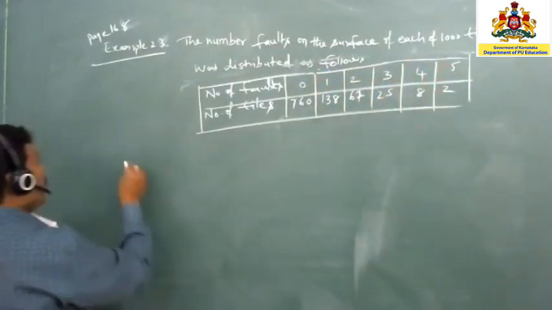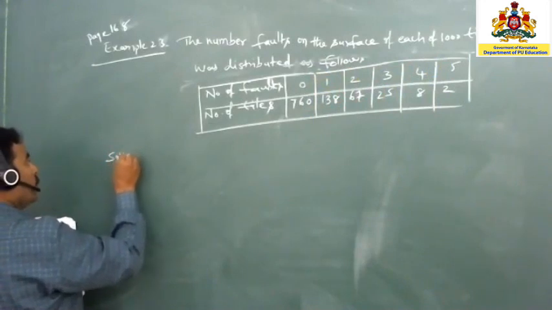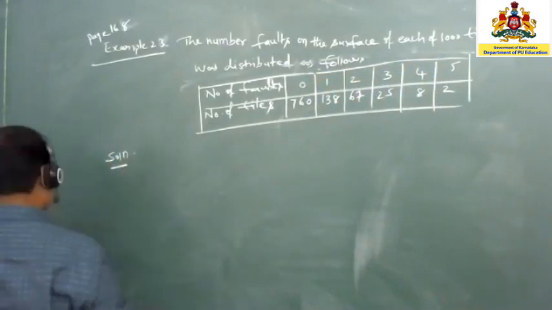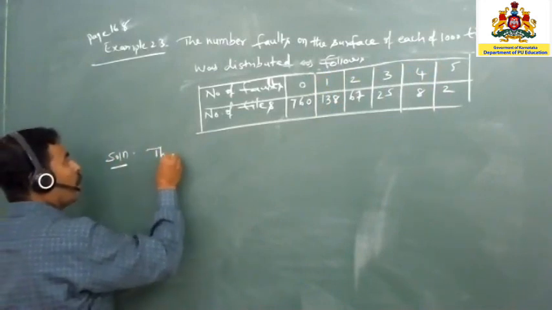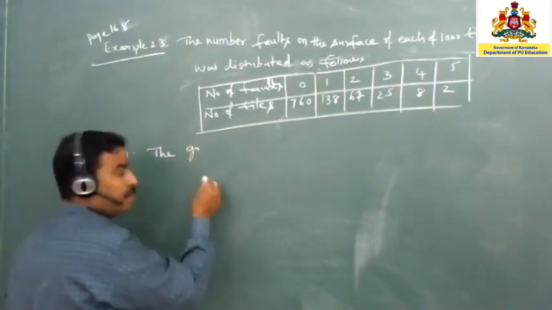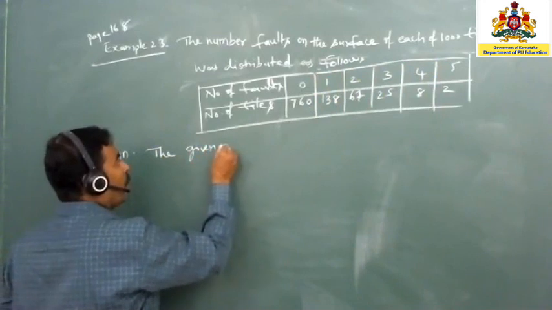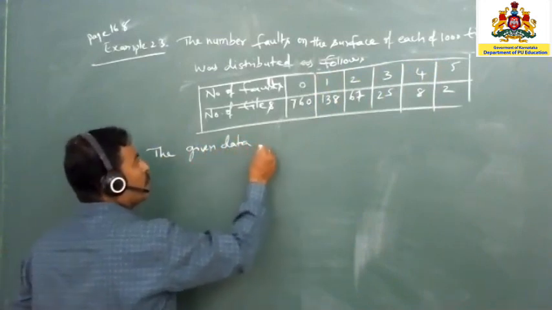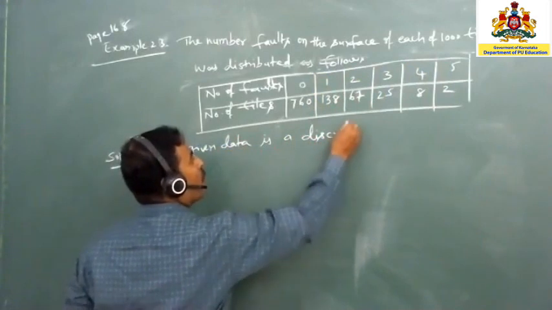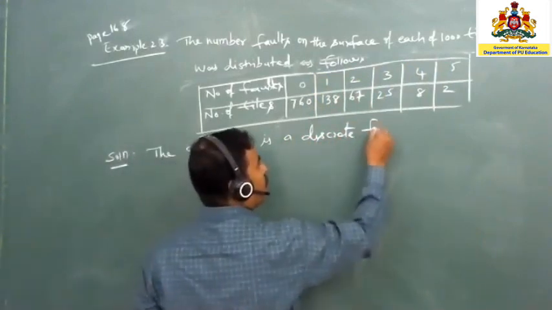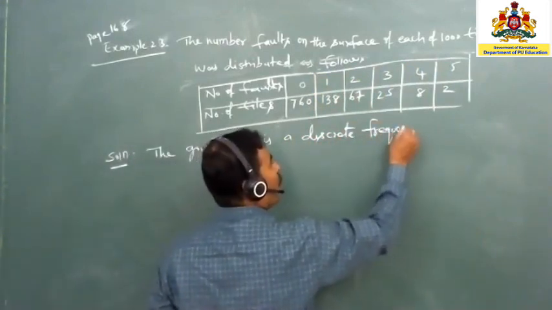So, solution: the given data is a discrete frequency distribution.